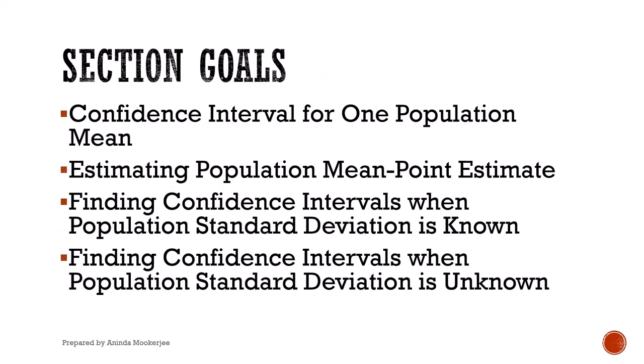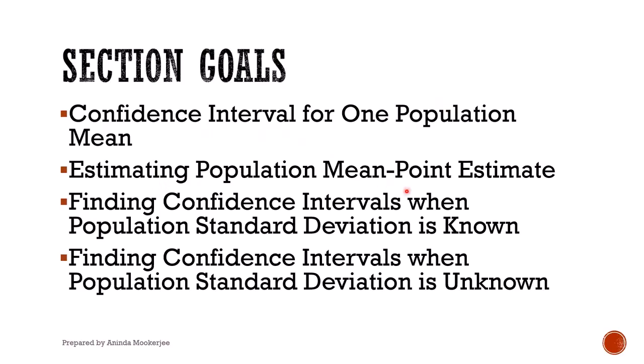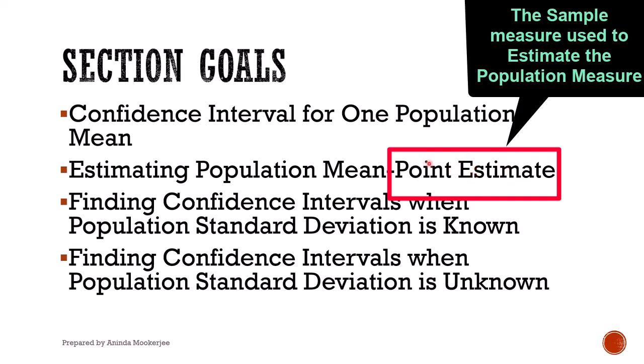Now, these are some of the topics that we will be covering in this lecture. First, we'll talk about what confidence interval is for one population mean. Then we'll go into the terminology of point estimate, because a confidence interval will need to be developed around a certain value, which is called the point estimate.